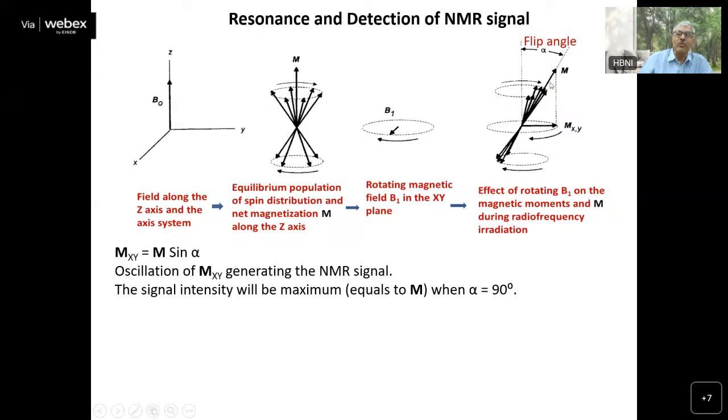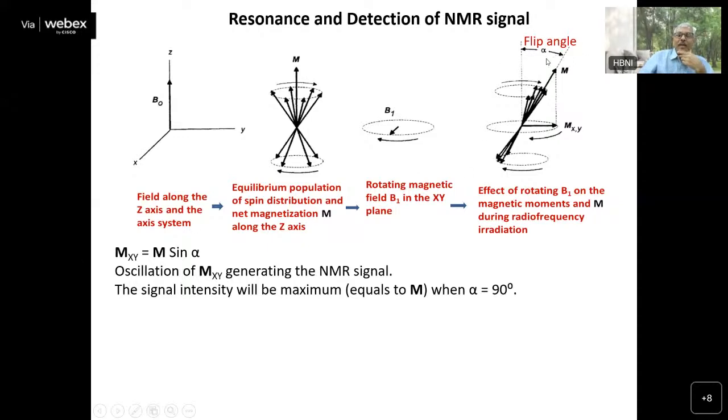During this bunching up, the magnetization also tilts, so that you will have a magnetization component in the XY plane, and that can be detected by the detector. The flip angle depends on the magnitude of B1 as well as how long this B1 is applied.